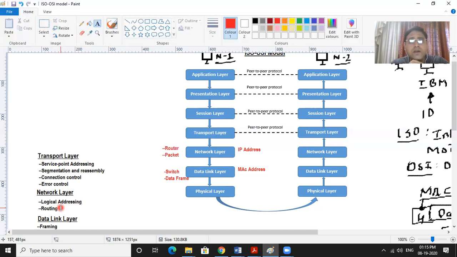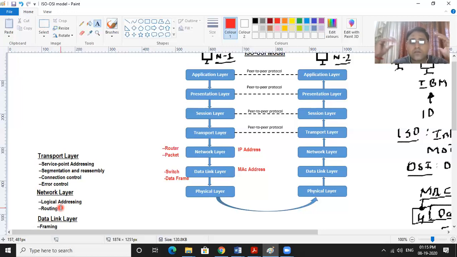So you have to define a route through which you will reach the destination. In the same way, at this network layer, as we use a router, it is named router because it defines the route. It finds out the best suitable path to the destination.